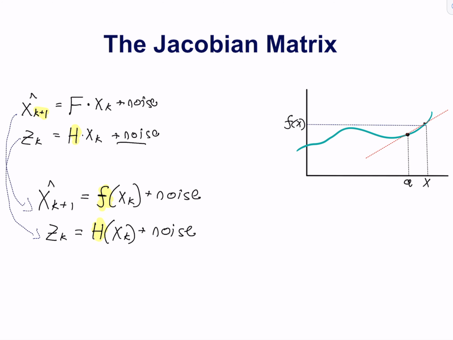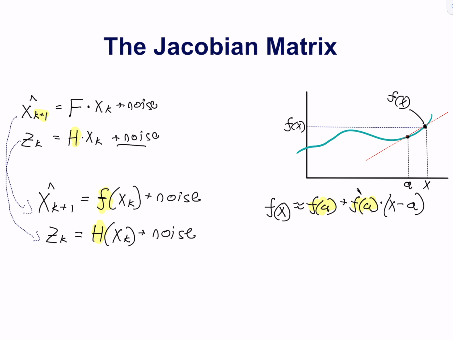So f of x is approximately equal to f at point a plus the derivative of f at point a times x minus a. And this is basic Taylor series.